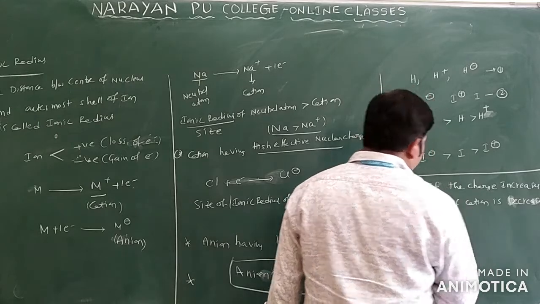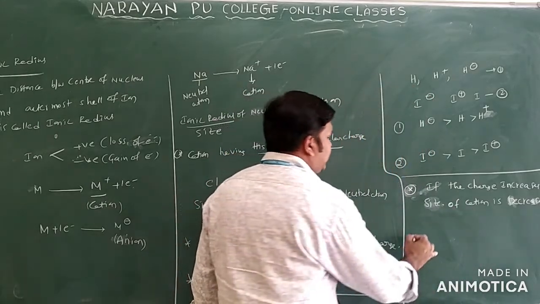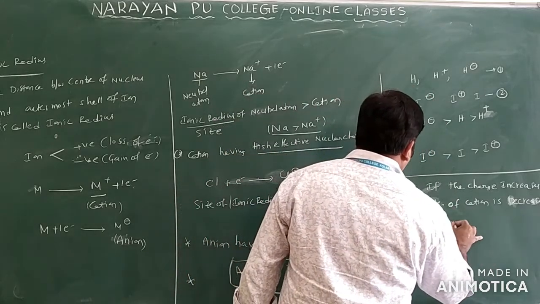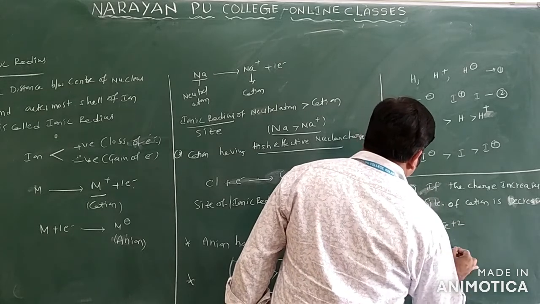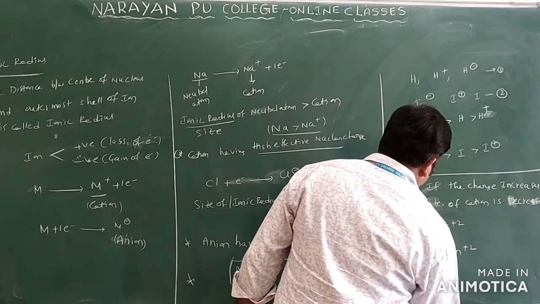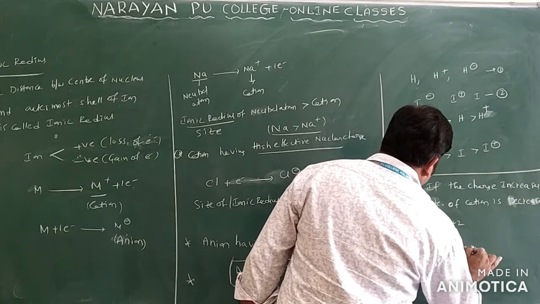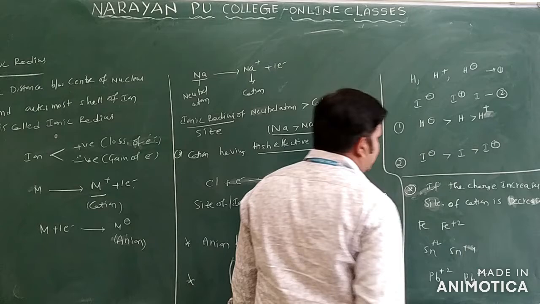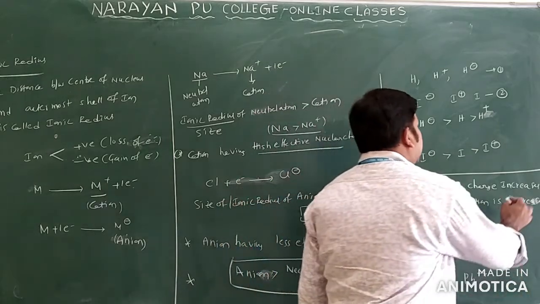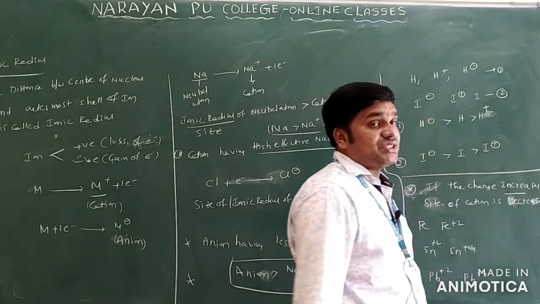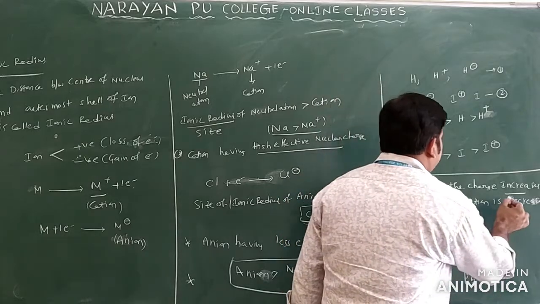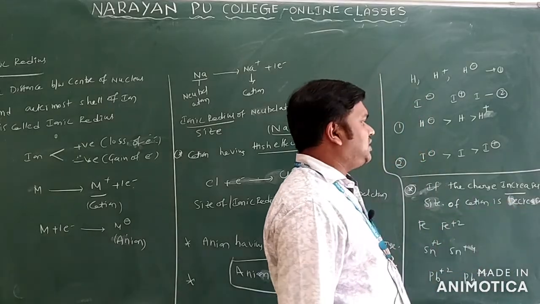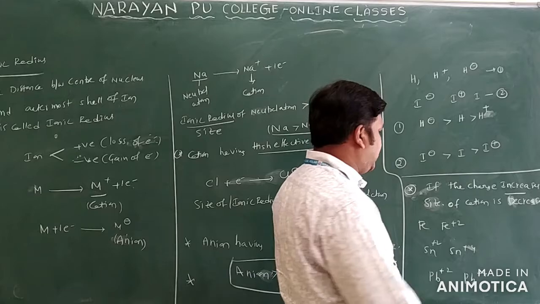So here you can compare with different elements I am taking here: Fe plus 2, Fe plus 3, Sn plus 2, Sn plus 4, Pb plus 2 and Pb plus 4 only. What I told here: if the charge increases, the size of the cation decreases only.